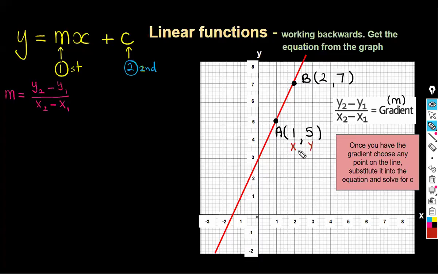Because I'm choosing A first, everything in A will have the subscript 1. So I call it x1 and y1, choosing everything in that A point first. By default, I have to choose B second now. B also has an x and a y. Call it x2 and y2 because you're choosing everything there second.